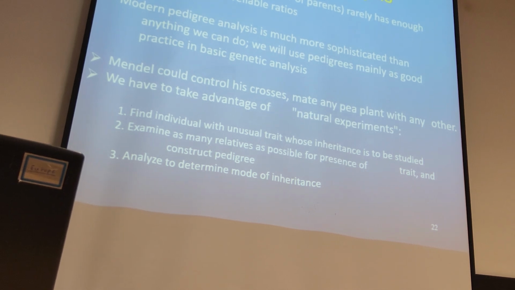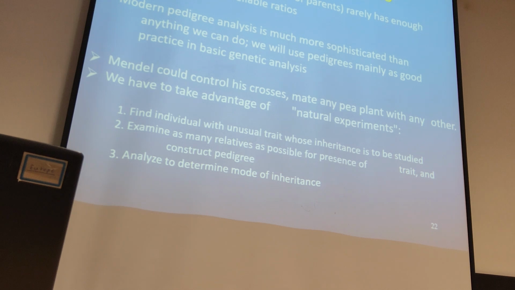But calculating the risk in humans is a little bit different from what Mendel did many years ago. Because he actually crossed pea plants, but in humans we cannot cross individuals. We cannot have this individual marry another one and then find out the result of this marriage.